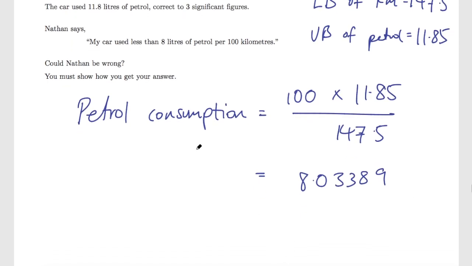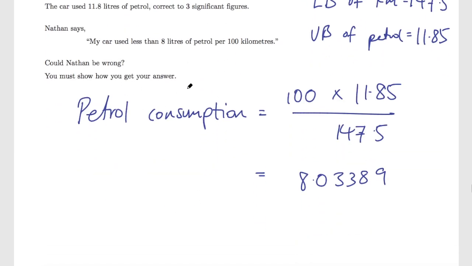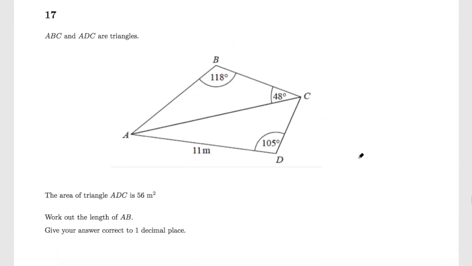So that's the maximum possible petrol consumption based on these numbers, and so therefore yes, he could be wrong. And that's for 3 marks.